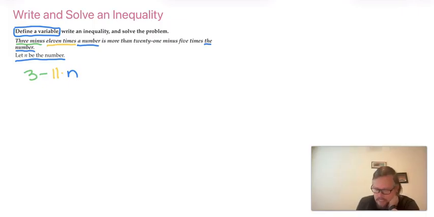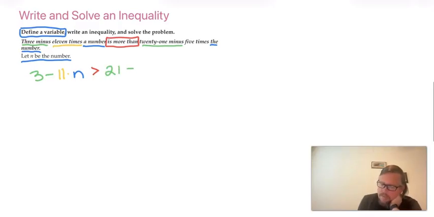Okay, then we've got is more than, and then 21 minus, and then here's some more multiplication. 5 times the number.